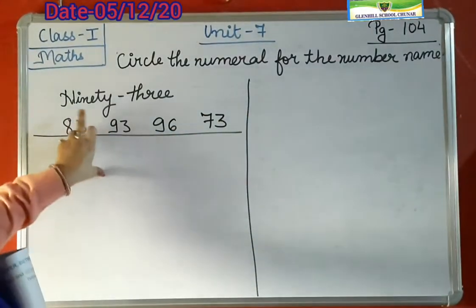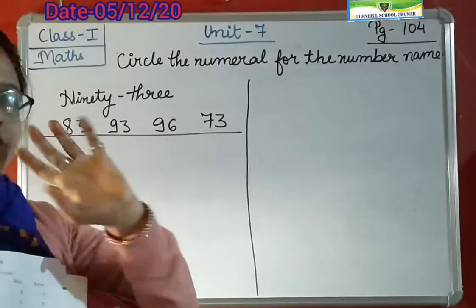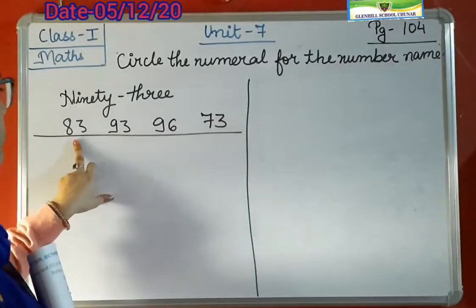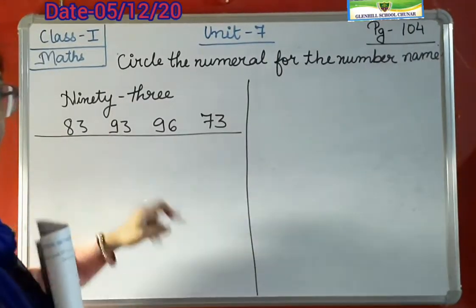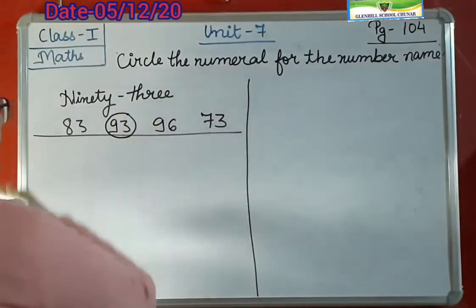So which one is correct? Here it is 93. So what you have to do? You have to circle. It is 93. So here I am going to do the circle like this. Okay.